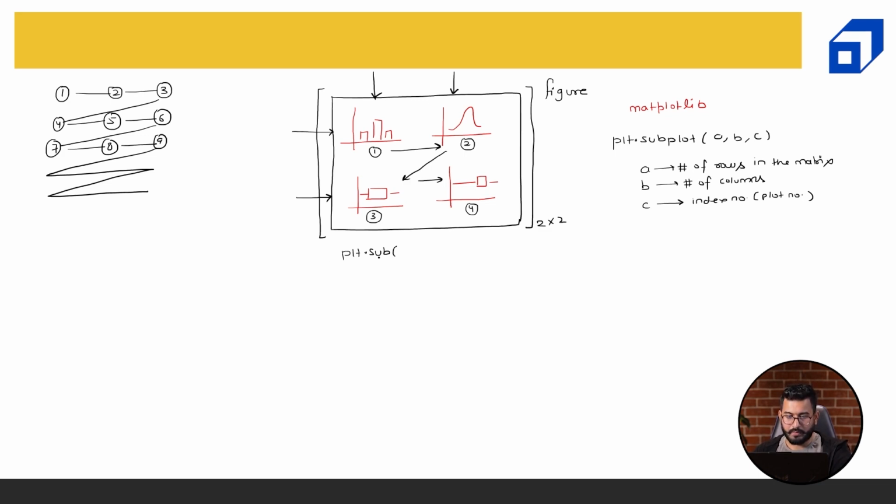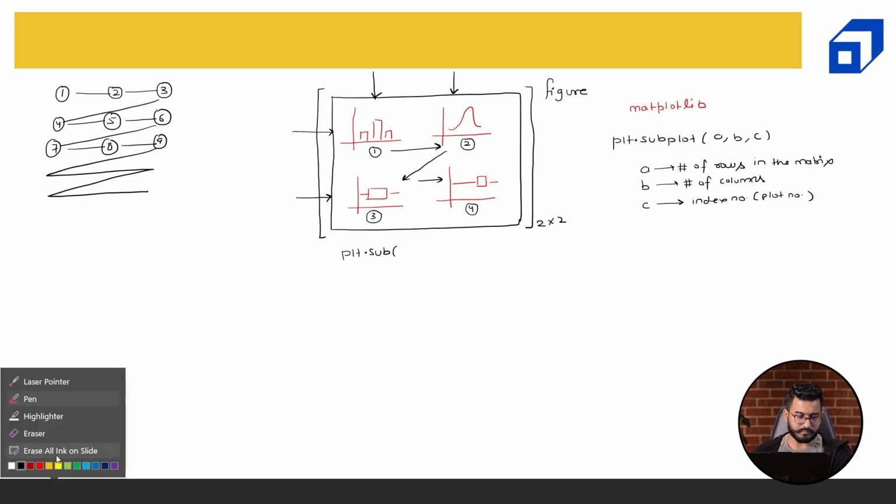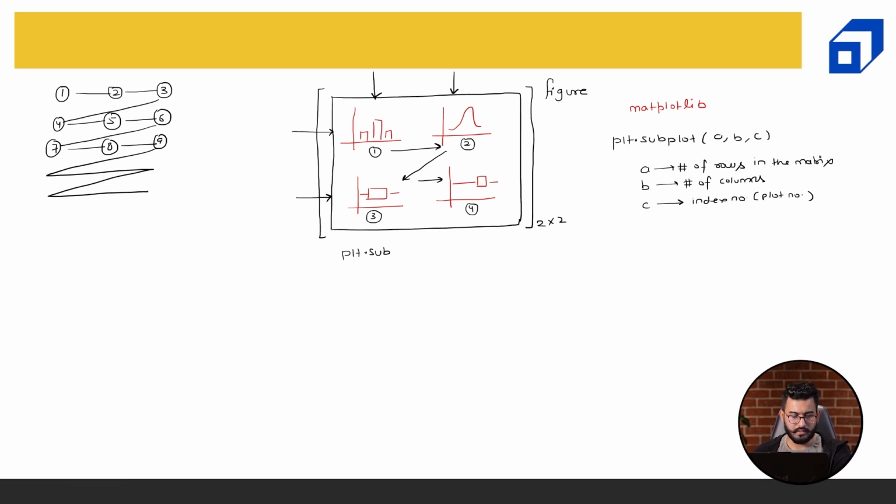Now we have to write plt.subplot, and we have to define the value of a and b and c. Subplot, a is going to be 2, b is going to be 2. Now the plot number is 1. Below this, I will write the code for plot 1, which is sns.barplot, or maybe whatsoever we want to plot.